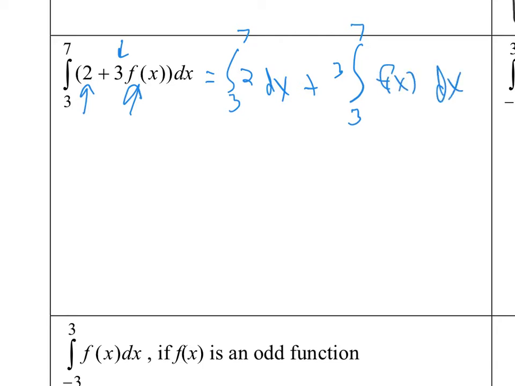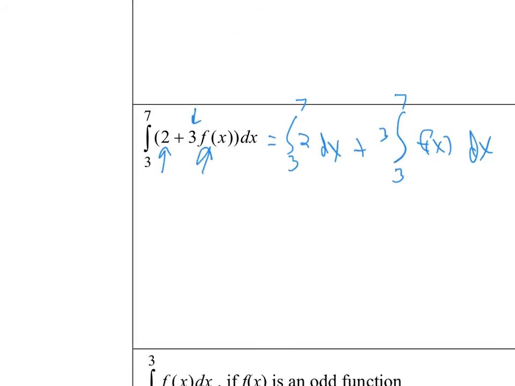Now, if you have a constant of 2, reminder what that looks like. It's a constant. It's a horizontal line.